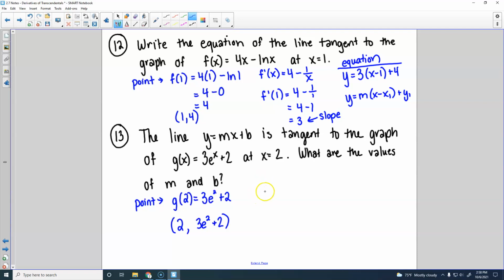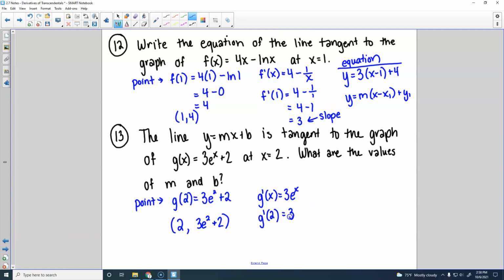Alright, so for our slope, Thomas, what do we got to find for our slope? Derivative. So, Thomas, what is g prime of x? Very good. No 2 because it just goes away, right? So, to find our slope, we are going to plug 2 into this.